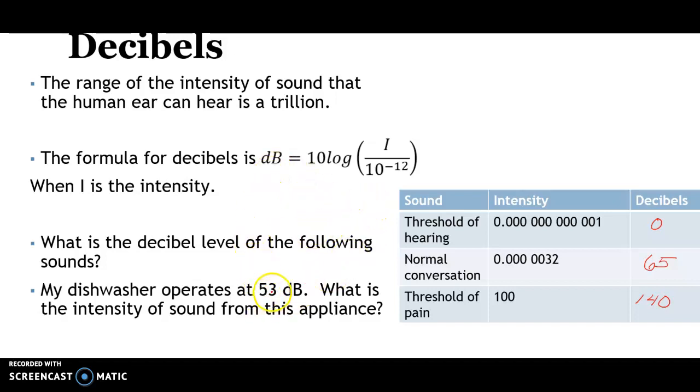Because we know the decibel level, we're going to be putting that into our formula right here. So for this problem, we have 53 is equal to 10 log, parenthesis I over 10 to the negative 12.